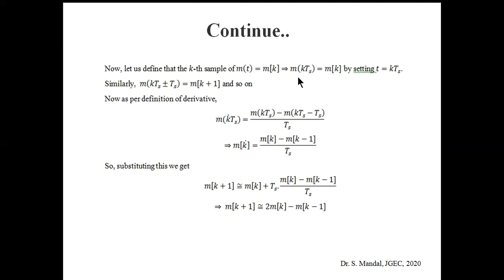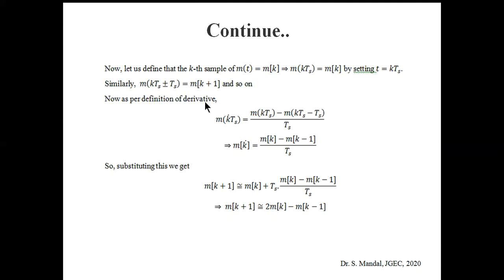For simple writing purposes, we express m(kTs) as m[k] in square brackets. Similarly, m(kTs ± Ts) we can also write as m[k ± 1]. Obviously this one will be k−1, and so on.